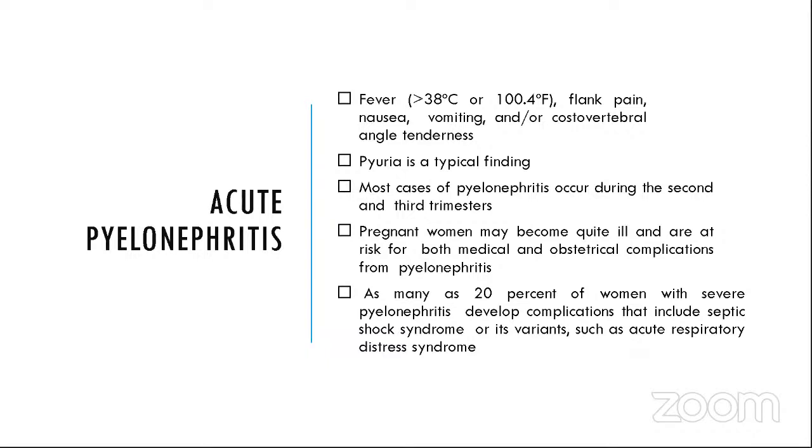They actually become ill, at risk for both medical and obstetrical complications. As many as 20% of women with severe pyelonephritis develop complications. A serious complication is septic shock syndrome.